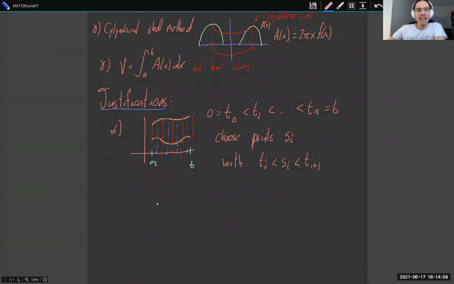So what I obtain is that the approximate area, A approx, is equal to the sum from, let's say, I is equal to 0 to n minus 1 of what? So first I'm going to take these S sub I range from 0 to n minus 1.